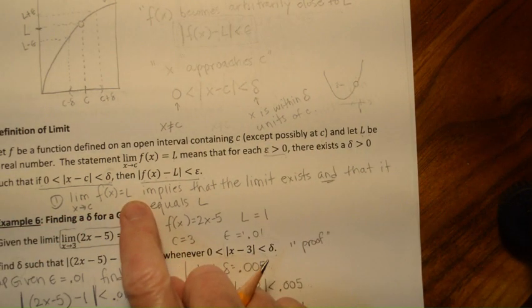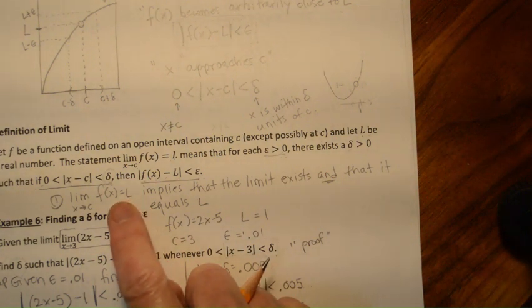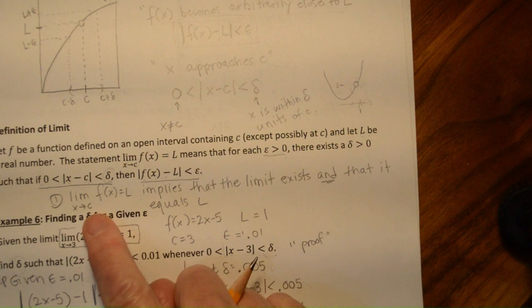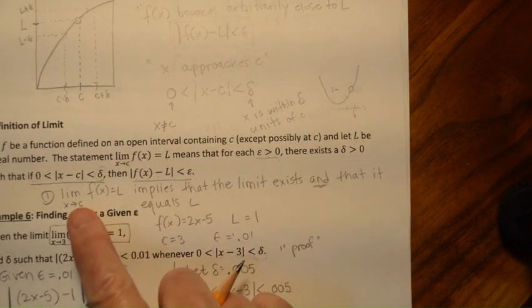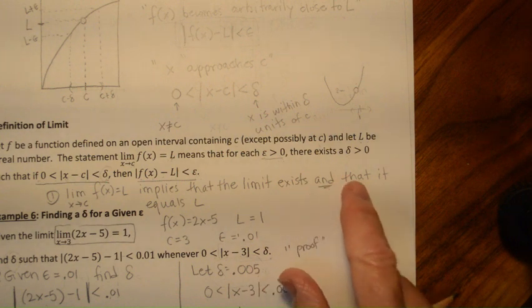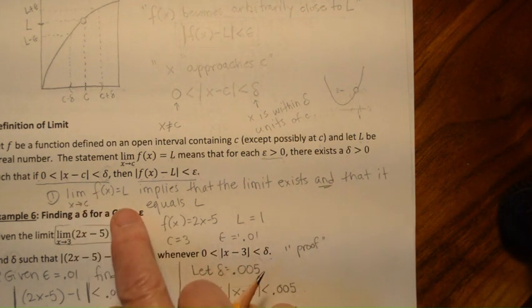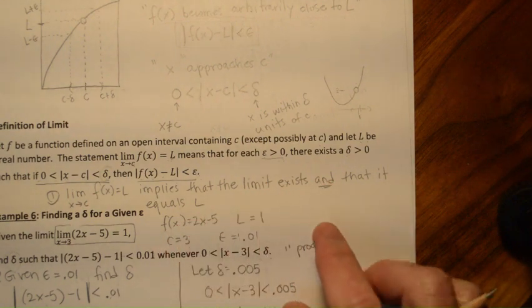One is that there is a limit. We don't have any of those things that are associated with the non-existence of a limit. So it doesn't approach a different number from the left and right. It doesn't increase or decrease without bound as we approach c, and it doesn't oscillate. So when we say that, it implies that the limit exists and that the limit equals L. So that statement packs 2 things in there. The limit exists and it equals L.